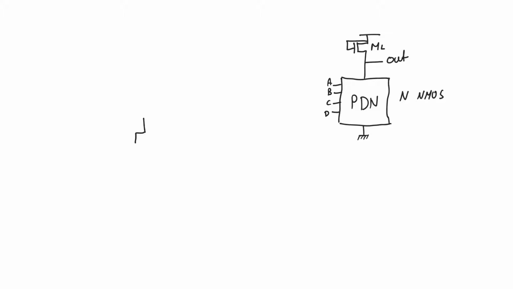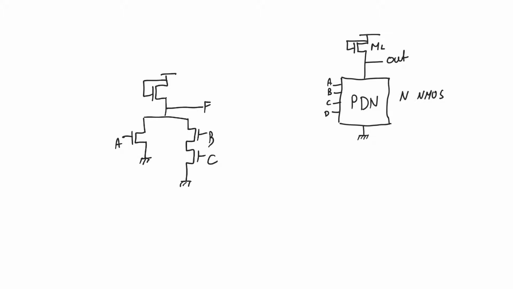So let's, for example, look at this network, which is the easiest kind of complex logic function we can implement. And so we have here A, B, and C. And the question is, what is the logic function implemented by this network?